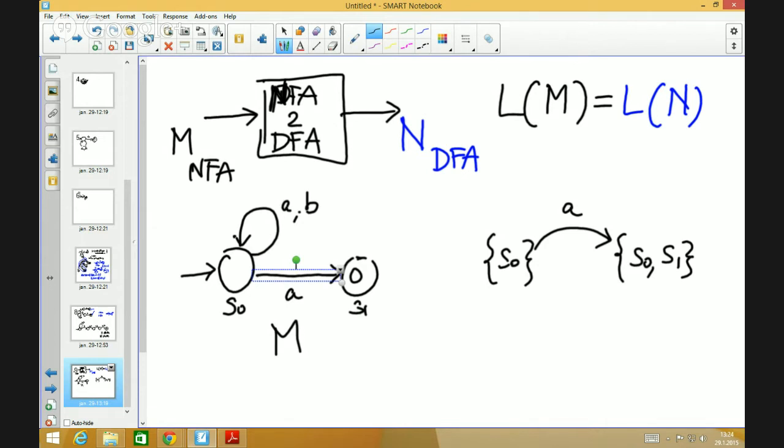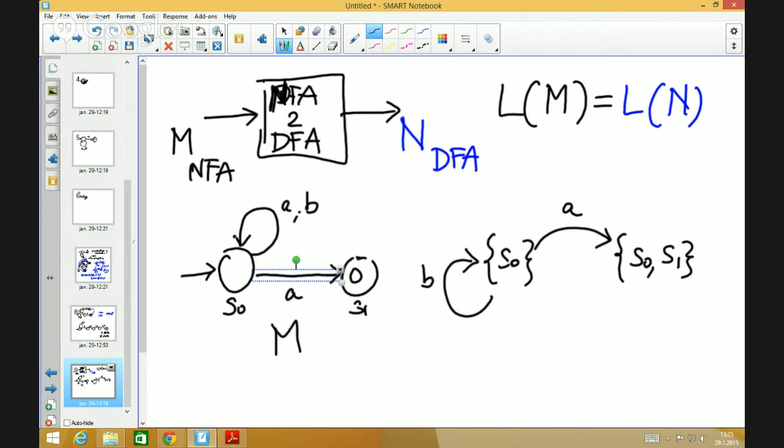Only to S0. So I have a loop here. So far, so good. We have figured out all the possible behaviors of the NFA from the start state.